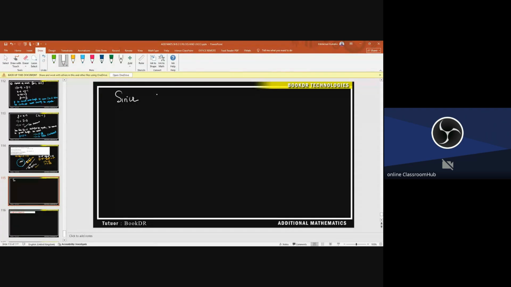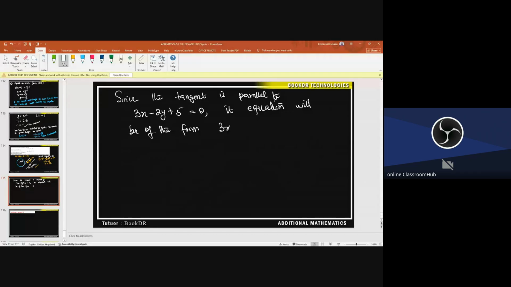Since the tangent is parallel to 3x minus 2y plus 5 is equal to 0, its equation will be of the form 3x minus 2y plus some constant c is equal to 0.